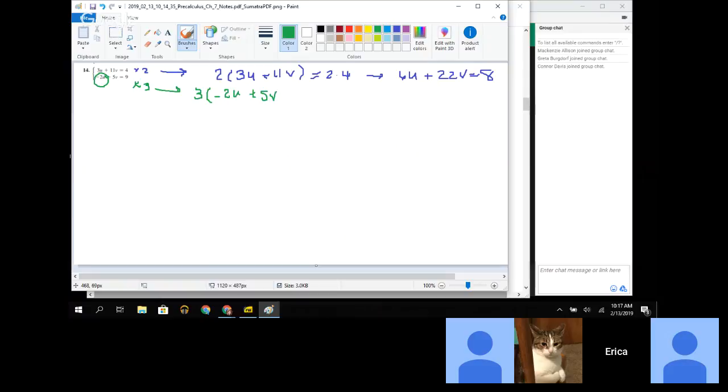Nope, it's minus 5v. Good thing I checked that, because that would be not good. Minus 5v equals 3 times 9. So my bottom equation becomes negative 6u minus 15v equals 3 times 9, which is 27.